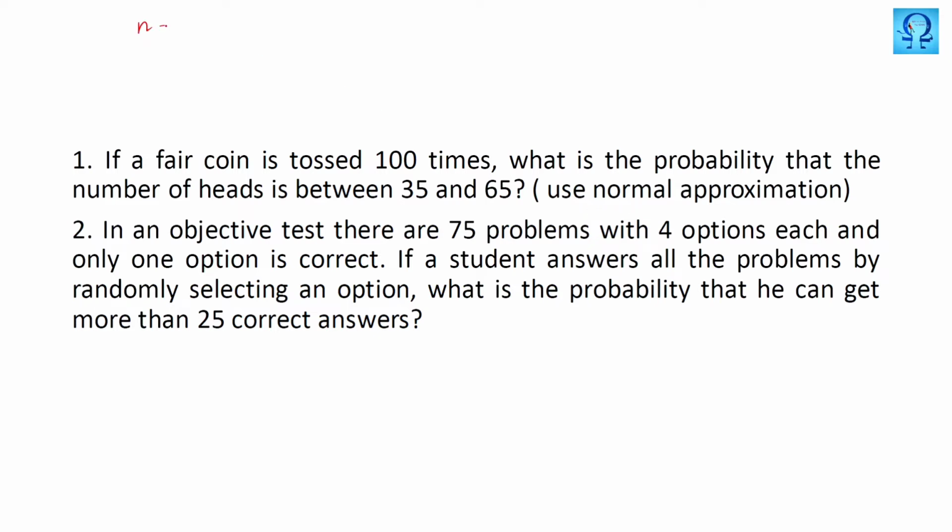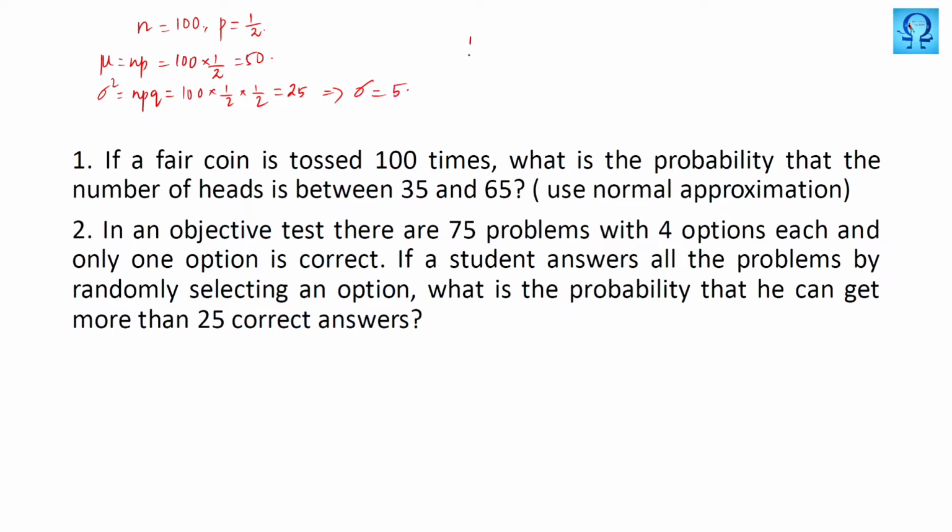So your n is 100 here, as you are tossing a coin, and the probability is half. The mean is np, that is 100 times half, which is 50. The variance is npq, so 100 times half times half, which is 25, which tells you that your sigma is 5.